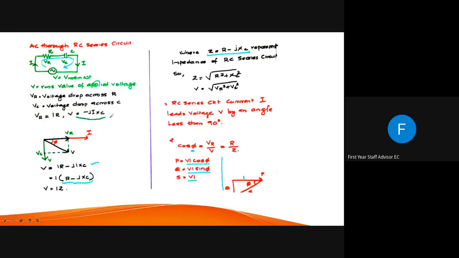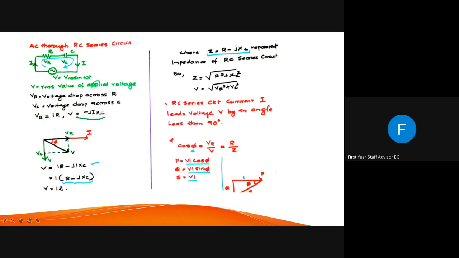It is on the negative imaginary axis, so minus JIXC. In the previous case, in the case of inductor, it was on the positive imaginary axis, so JIXL was sufficient. Now it is on the negative imaginary axis, so you write minus JIXC.